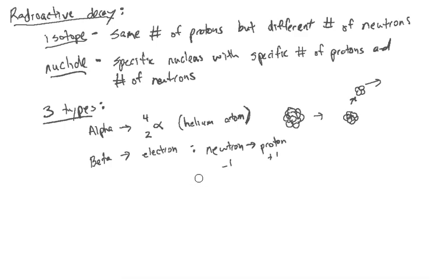Now, when this was first discovered, it was also found that there was a missing amount of momentum here, that momentum didn't seem to be conserved. And since it was pretty well known that momentum had to be conserved if all of our rules of physics were to stay consistent, there was nothing else found that had any kind of charge, because if it had charge, we could deflect it and try to detect it.